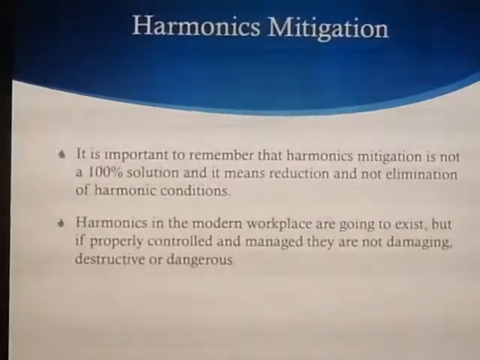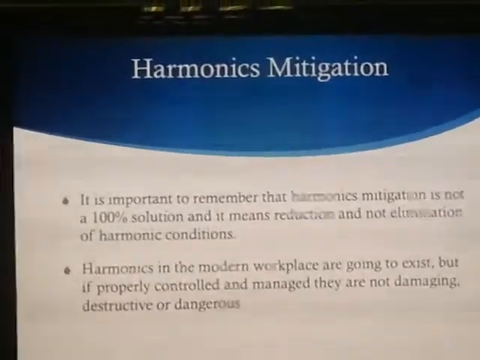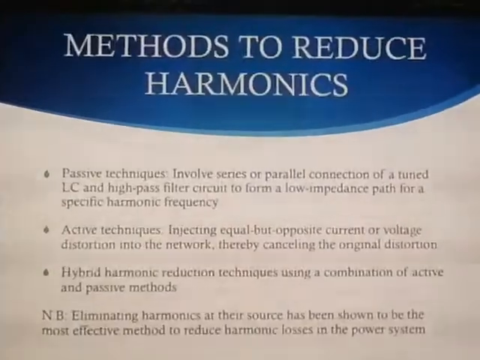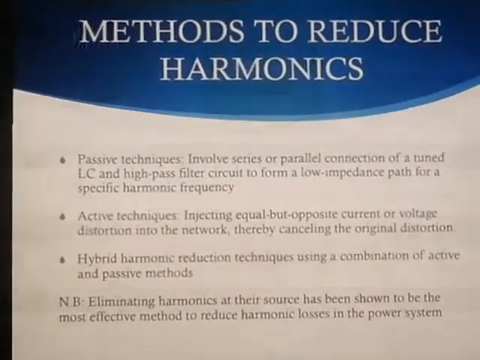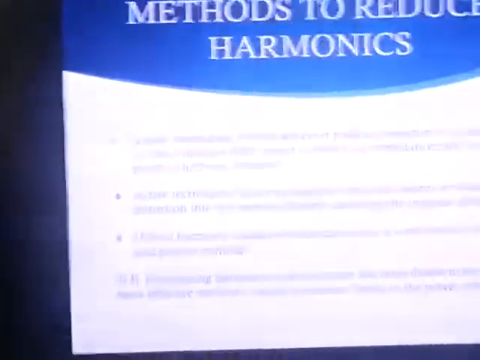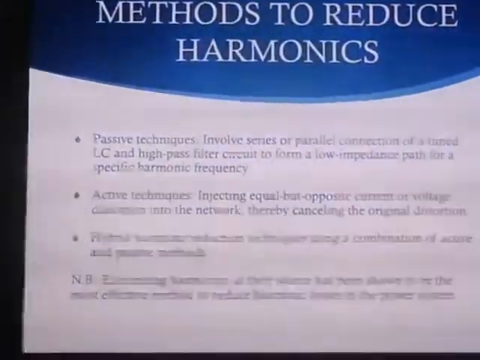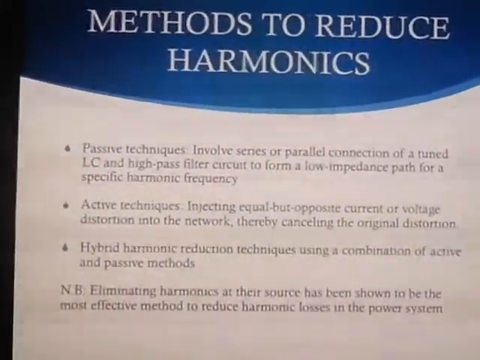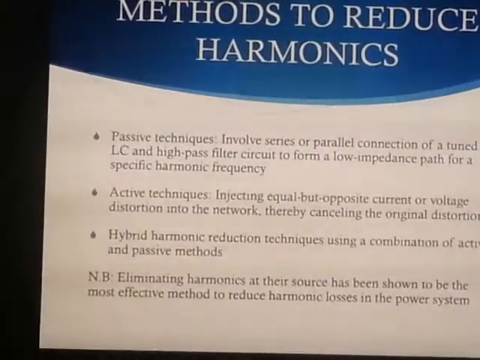The ways we can reduce these issues are by using methods such as active filtering, passive filtering, or hybrid filtering. Passive filtering uses passive components such as inductors and capacitors.